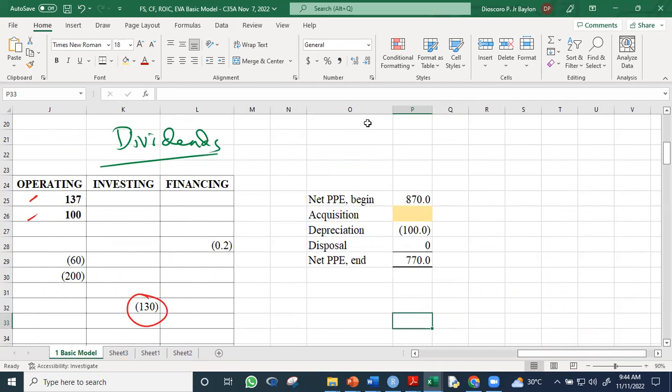But is this the correct balance, class? May I ask you, please, kindly chat if 770 is the correct balance of net PPE, property, plant, and equipment.